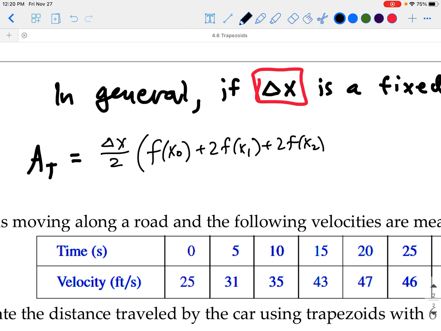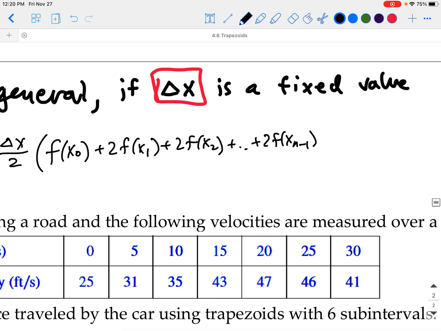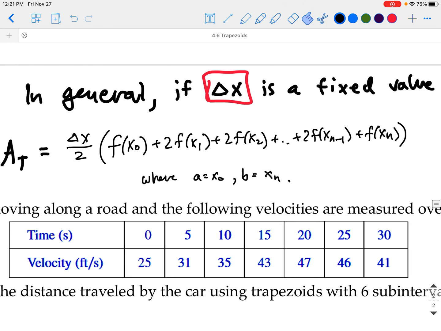And then we're going to have a series of f of x1s, x2s, x3s, all the way up to some second to last term, which we can call f of x sub n minus 1, plus f of x sub n. So note where a is x naught and b is xn. So that's going to be kind of our generalization if delta x is a fixed value.